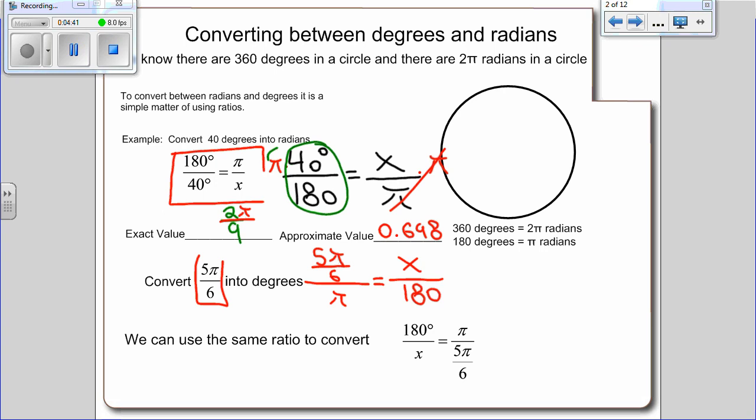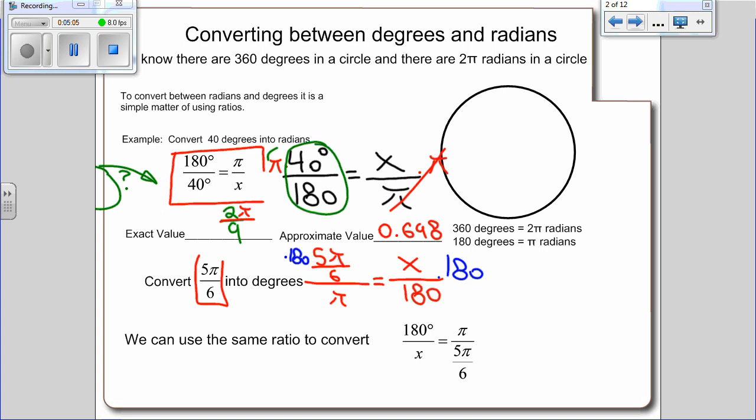So I'm converting 5 pi over 6 into some measurement of degrees. To solve that, you're going to have to multiply the 180 to the other side. So multiply both sides by 180.